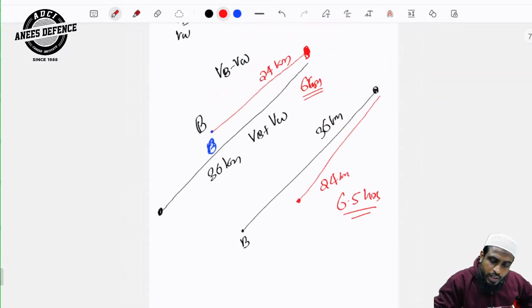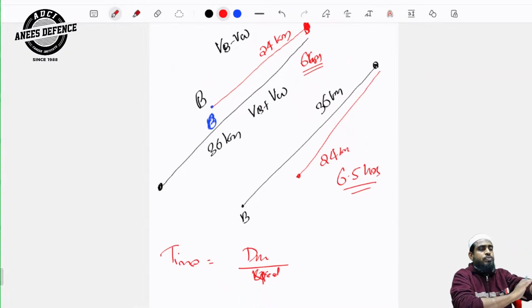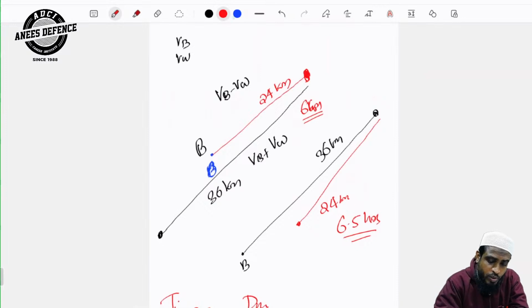So you can consider like this. Time is equal to distance by velocity or speed. So this time should be divided into two parts, T1 and T2.